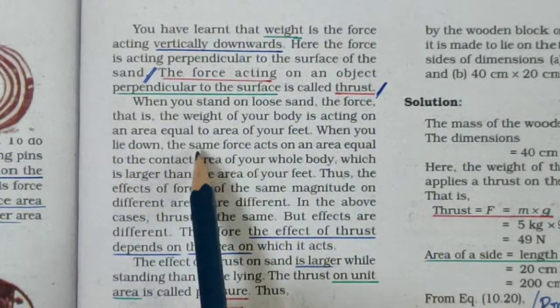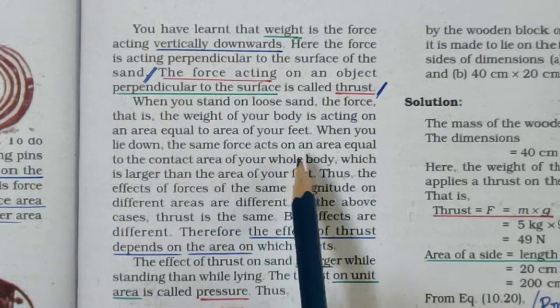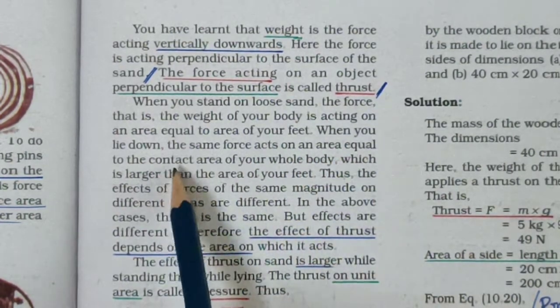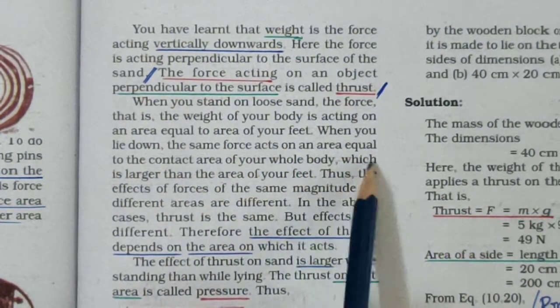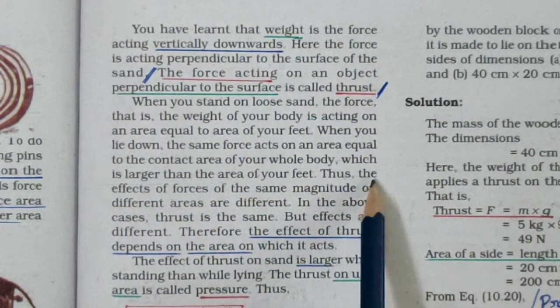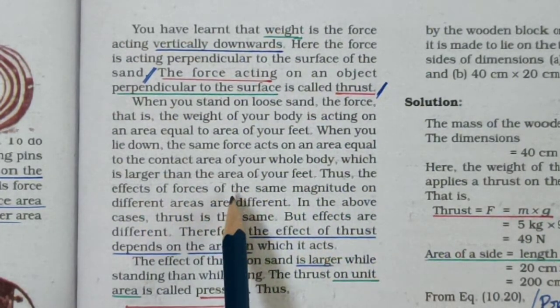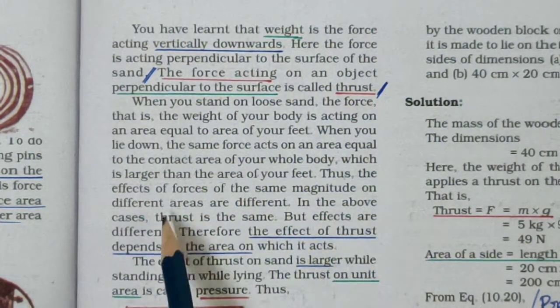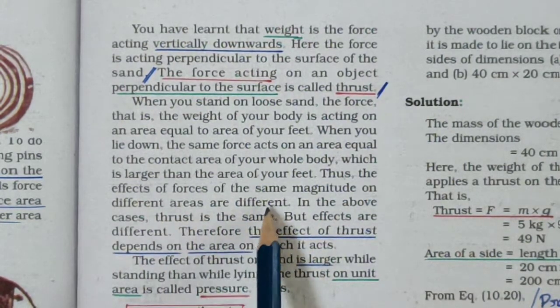When you lie down, the same force acts on an area equal to the contact area of your whole body, which is larger than the area of your feet. Thus, the effects of forces of the same magnitude on different areas are different.